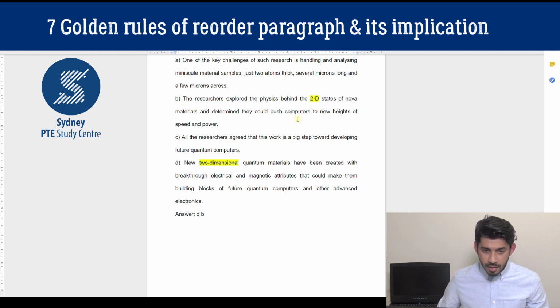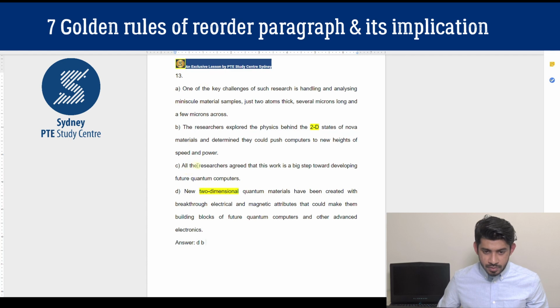Now let's talk about the other two remaining sentences. A says one of the key challenges, and C says all the researchers agreed. So they have found some challenges and then all the researchers agreed. Just ask yourself, which happens first? Obviously you find some challenges and then they come to a conclusion or give an opinion.